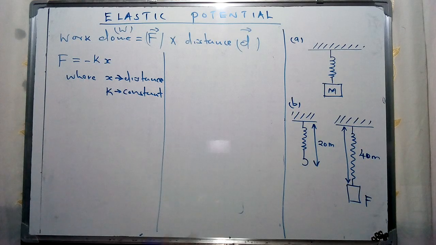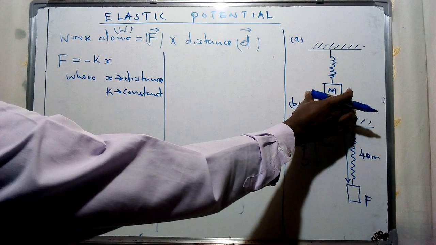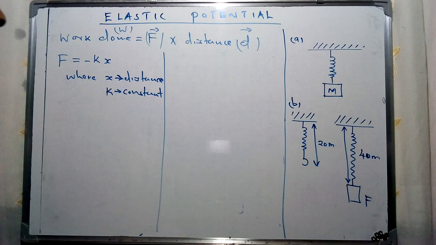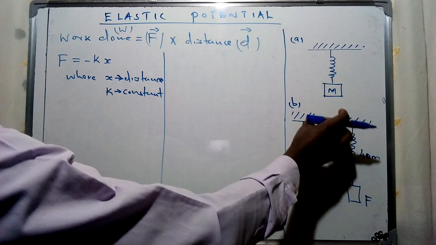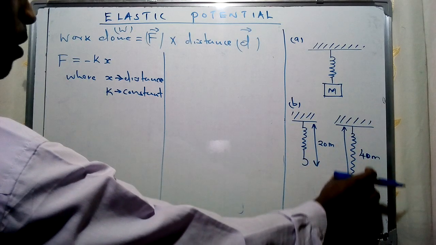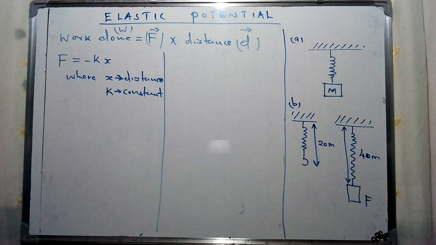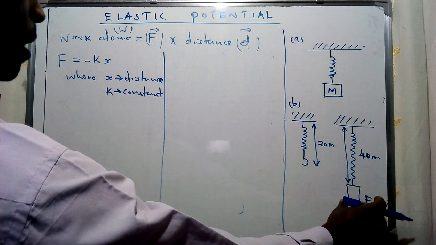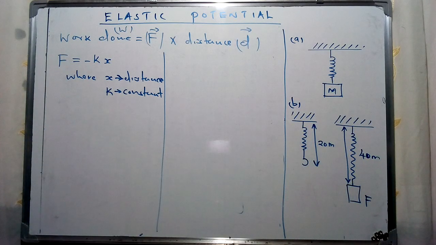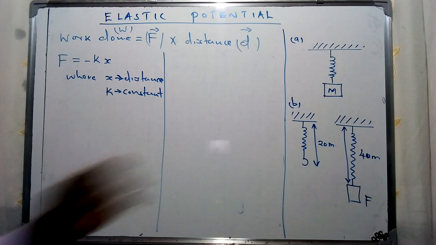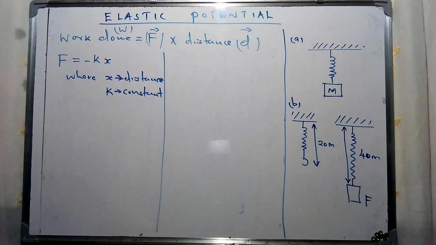If we consider the first figure, figure A, this is a mass that has been attached to a spring, and the resulting effect is a stretch of the spring by a particular distance. When this force is applied, some energy is stored in the spring.